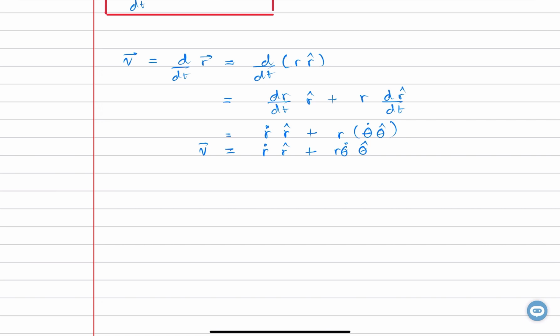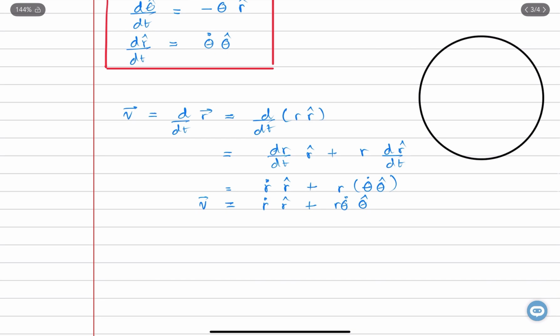Well, I'll sketch a small picture to help you understand what is going on here. Now, we have a particle that is here, right? Let's say that my particle is over here, and this is my position vector r.